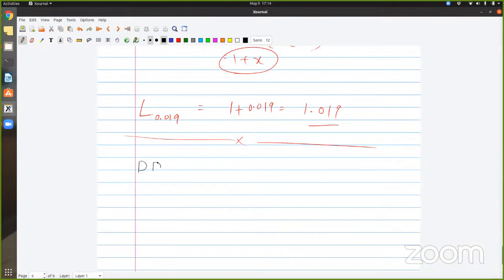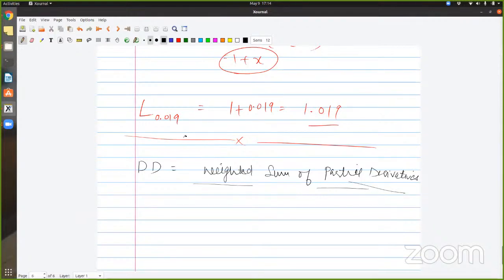So directional derivatives are a weighted sum of partial derivatives. Now, what is this weighted sum? We'll talk about it. Partial derivatives, you know.